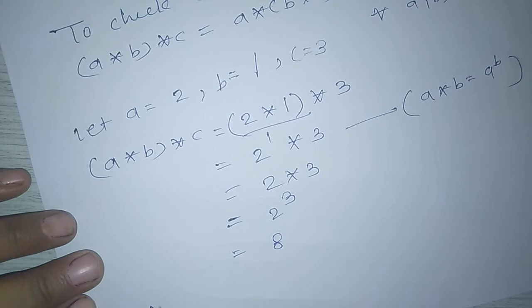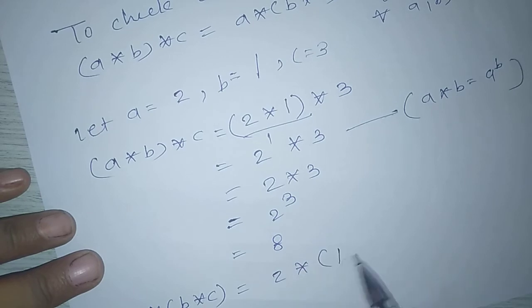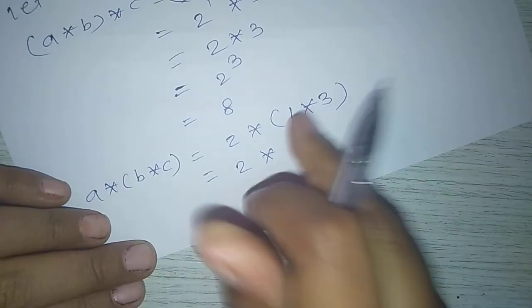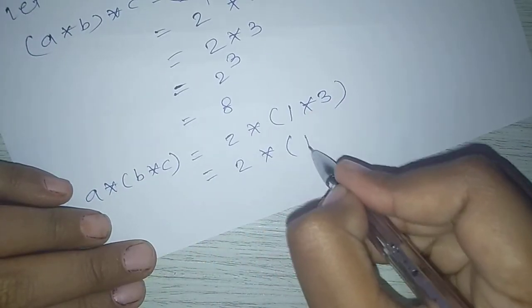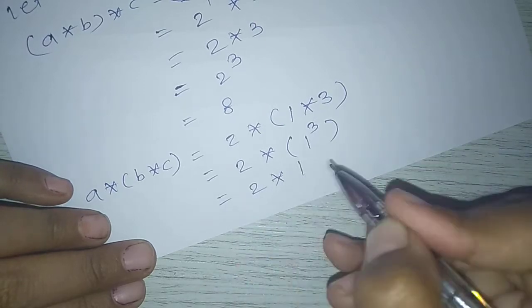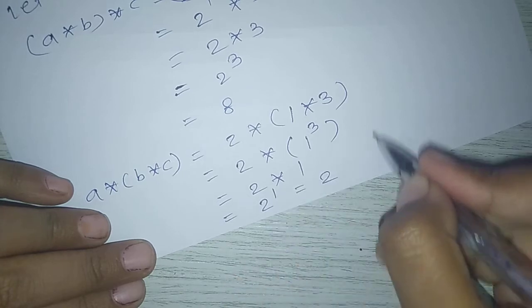Now check A star of B star C, where A is 2, B is 1 and C is 3. This is 2 star of 1 star 3, which is 1 raised to 3 equal to 1, so 2 star 1, which is equal to 2 raised to 1, equal to 2.